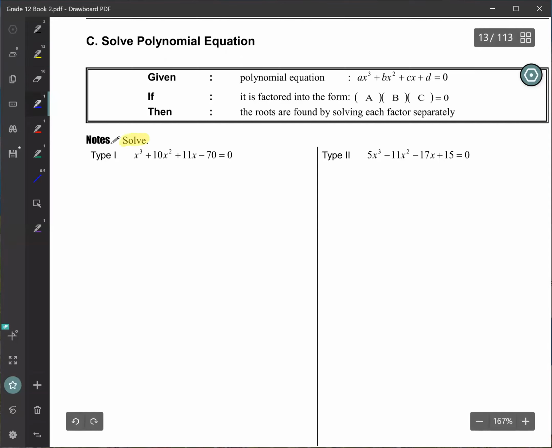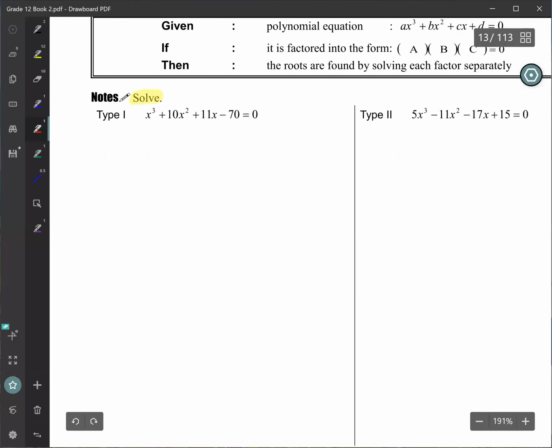Okay, so there are two types, two scenarios that could happen. Let's look at type 1. We'll do the same thing. We need to factor. Step 1, find a factor: you need to do b over a, and then p of something.